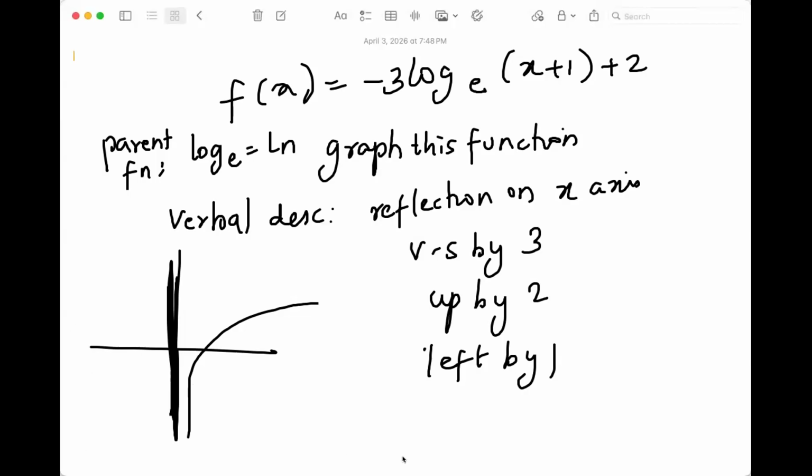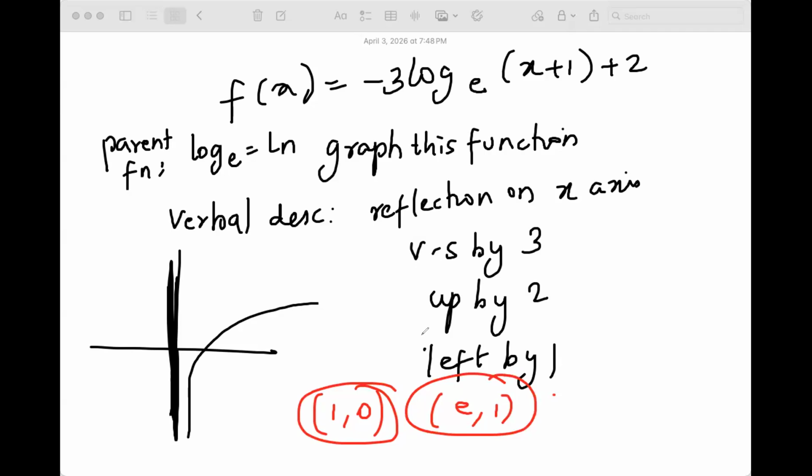I would like to know 1, 0, the original in the parent function, and then the other reference point. 1, 0 is one reference point, the other reference point is e, 1. Where in the parent function do these two points move to in this transformed function? That's what I would like to know.